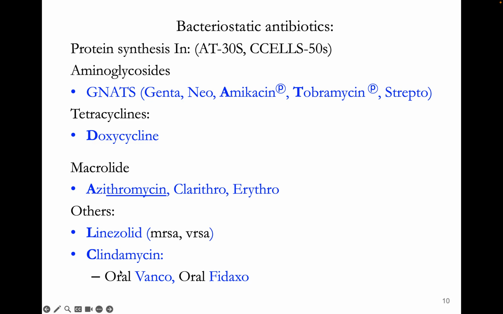What is the other important point the board likes to ask about clindamycin? The adverse effect. This can lead to the overgrowth of Clostridioides difficile in our colon. Remember, Clostridioides difficile, the old name is Clostridium difficile, right? Okay, C. diff. C. diff causes C. diff diarrhea.